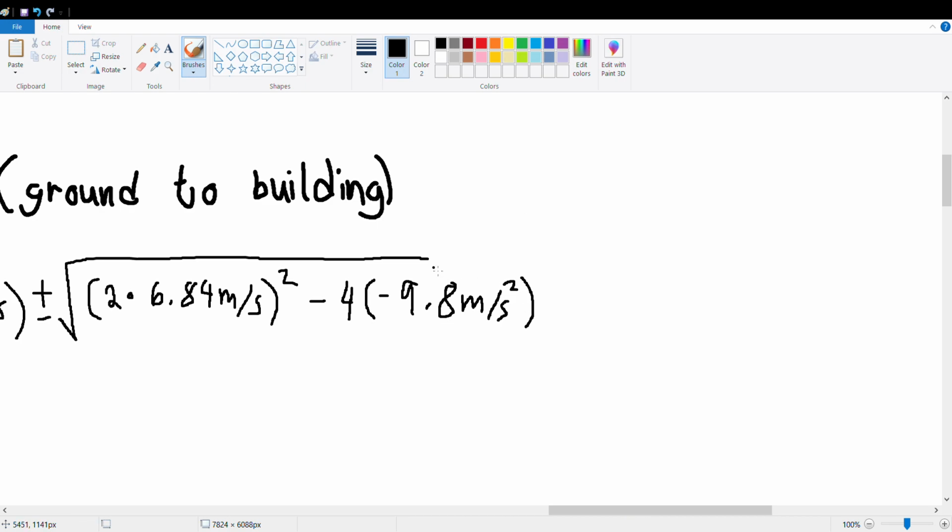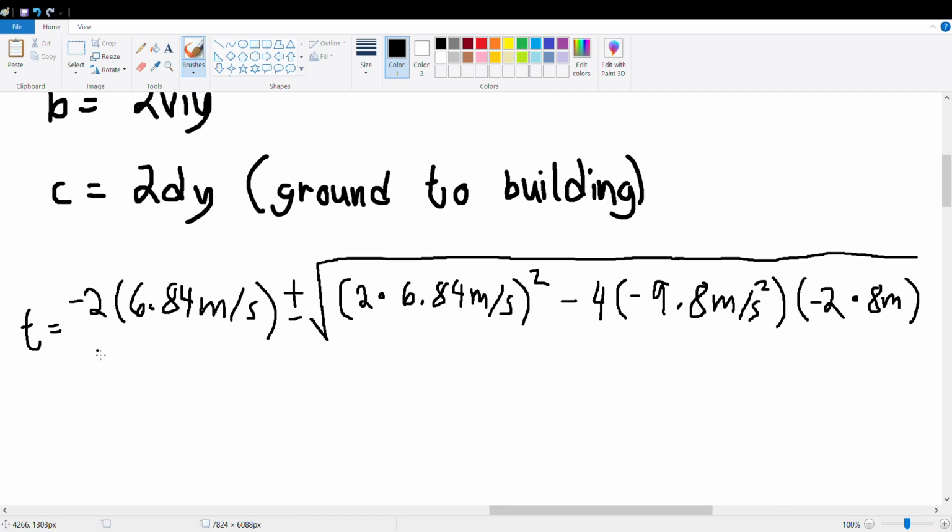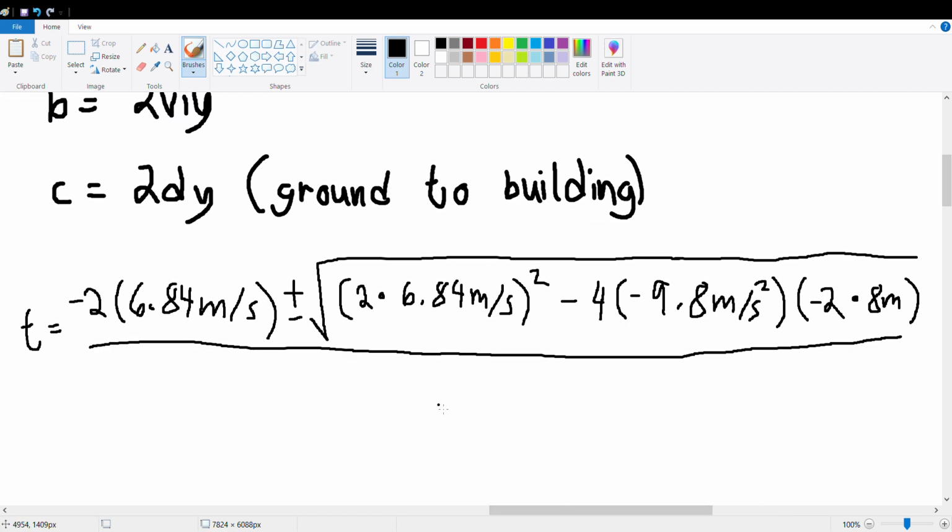That's only for the unit. And then times 2, negative 2 times 8 meters, and then divide all of this by 2 times negative 9.8 meters per second squared.